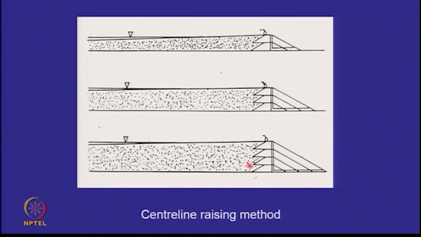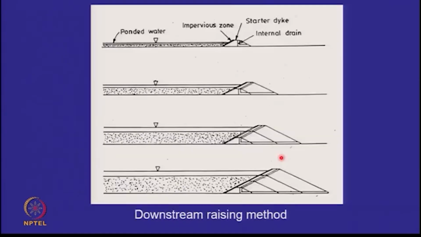The hybrid method is the centerline method, where part of the embankment sits on the loose deposit, but most of the embankment sits on the densely compacted material. This requires less earthwork than this.